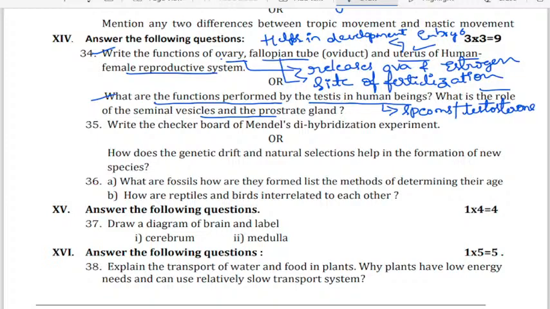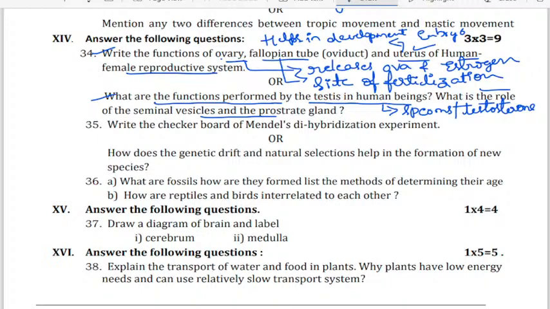Who will answer first? Sureka, you're telling it is a fluid, but you also want to tell the function of it. Many times I have told and discussed this. So tell me, what is the function of seminal vesicle and also the prostate gland?